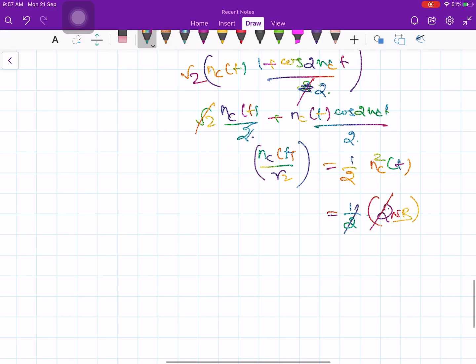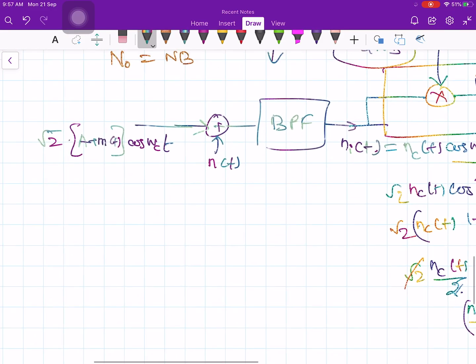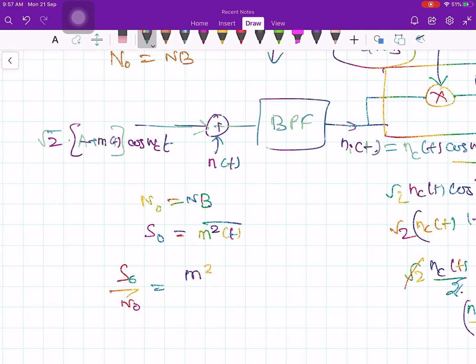This we already did, that's why I did it a little fast here. NB. Therefore my output noise power N0 is equal to NB, and output signal power is m square bar of t. What is S0 by N0? It is again m square bar of t divided by NB. What is this? This is our age old friend gamma.